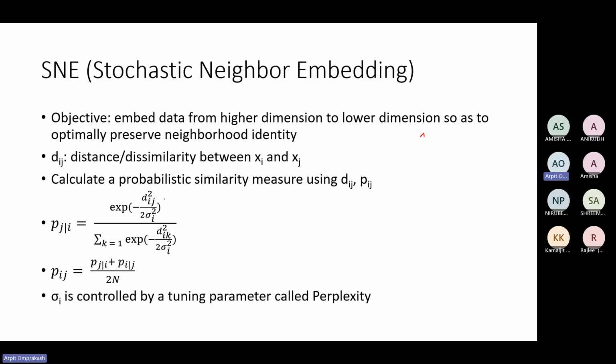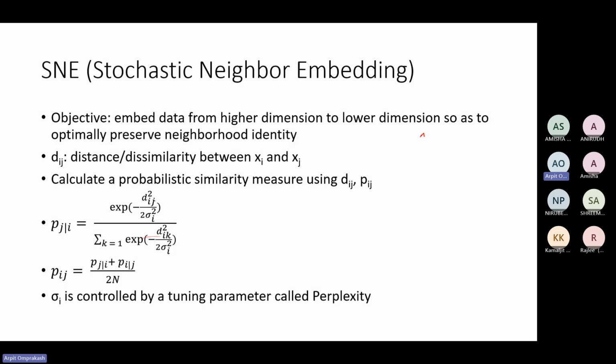And here we have it for j and i. And here what we have is across everything else, so we are varying the k here, and across all of them, we are getting the sum of this thing.